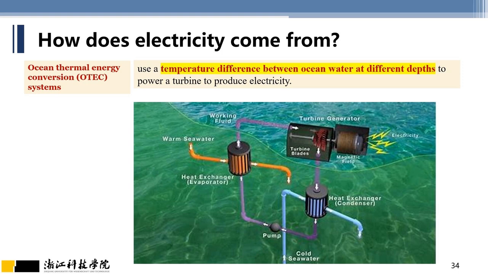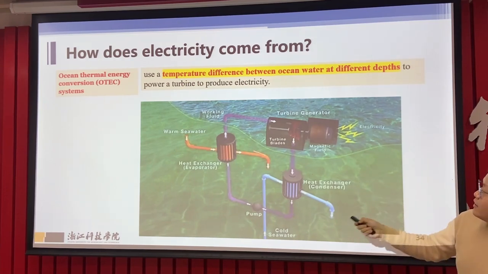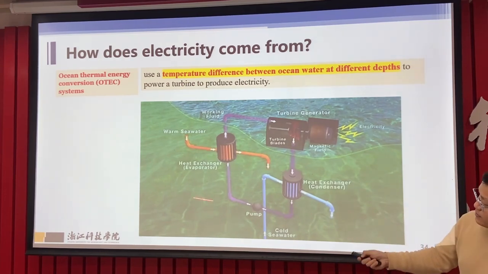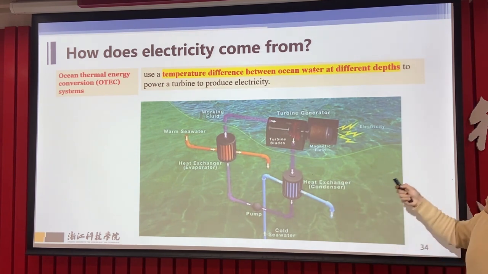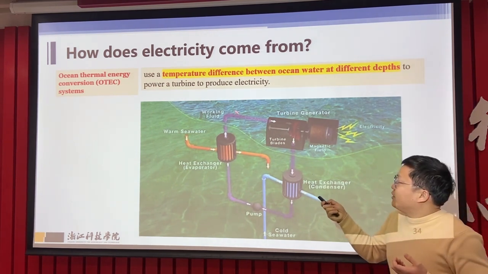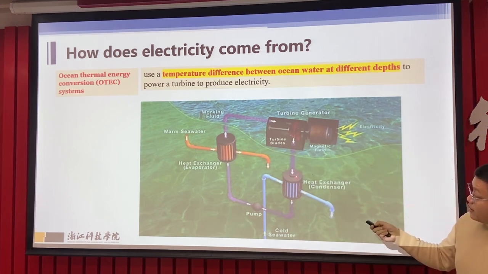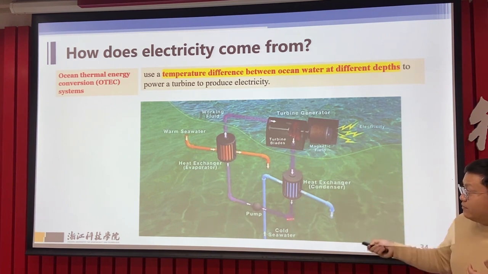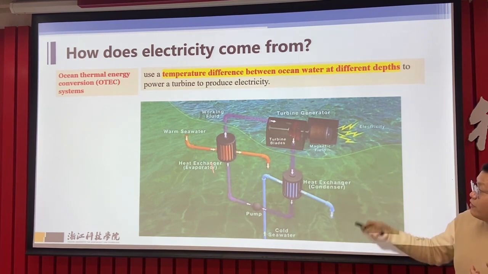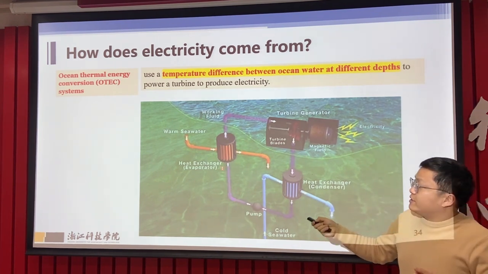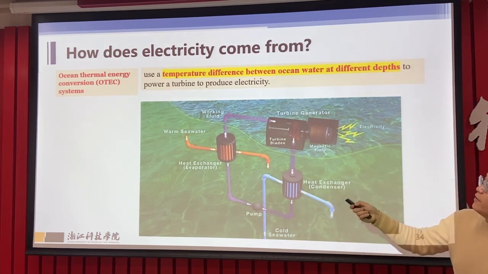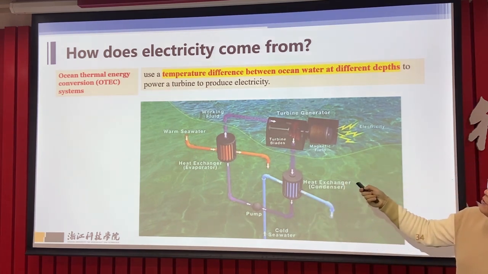Then we can connect these two different water depths, and get some steam or some driving force by using a heat exchanger, and then we can drive a turbine to produce electricity.